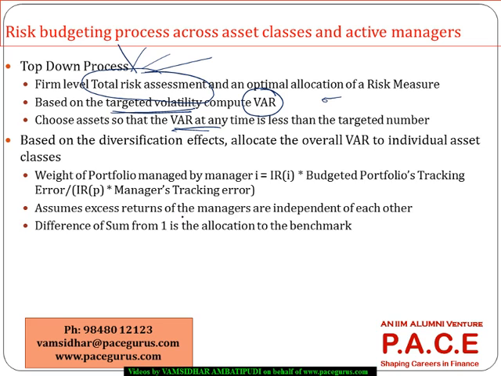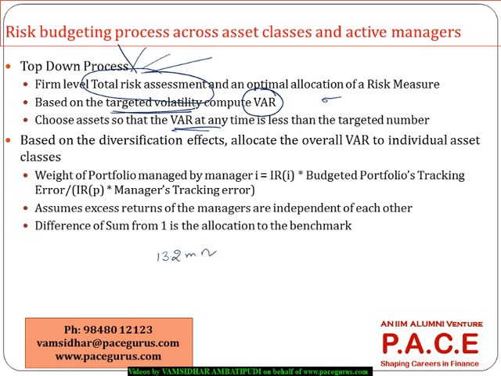So a simple way to do the allocation, whatever may be the VAR, let's say in the earlier example we got 13.2 million as the VAR. Now that is at an overall organization level. Now there is a process.